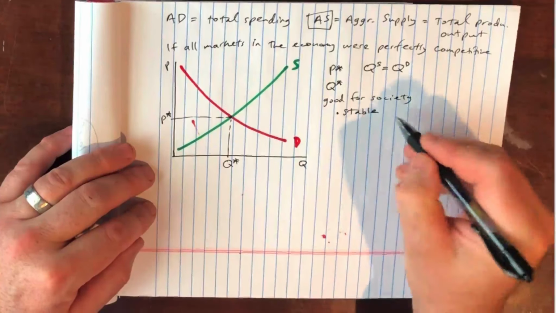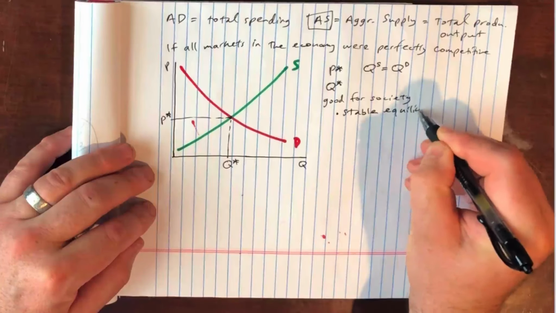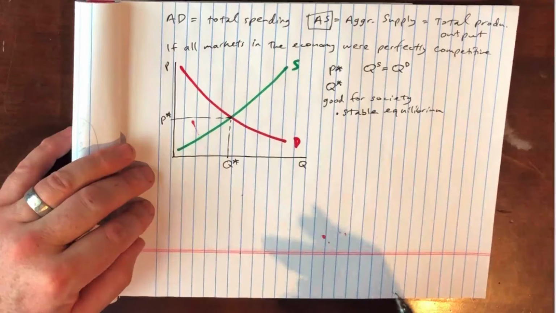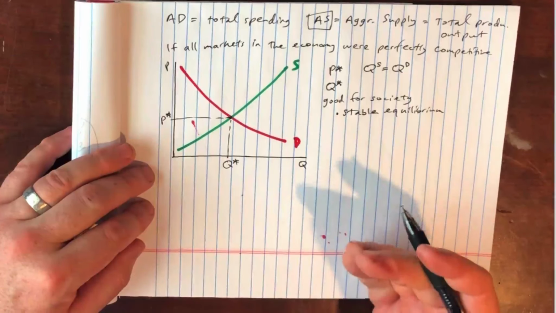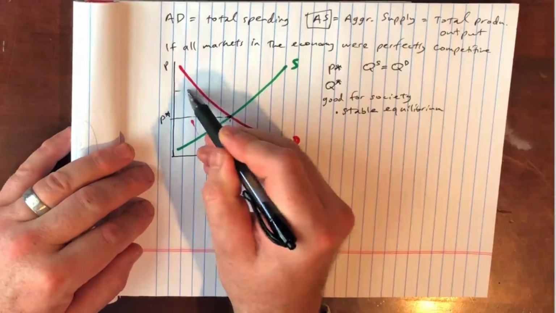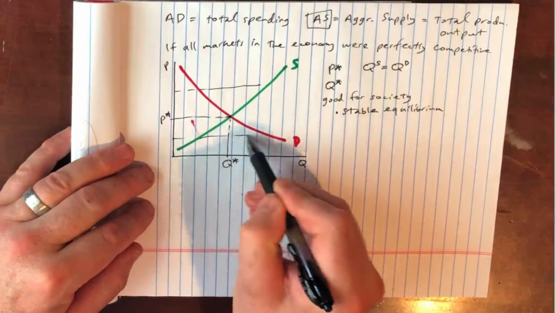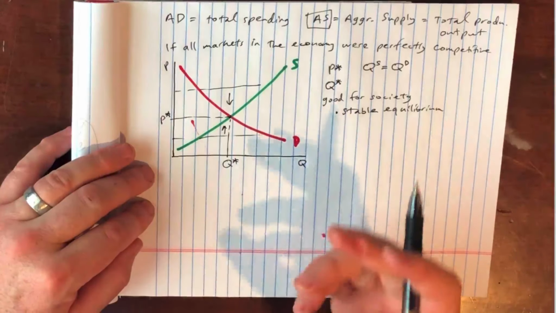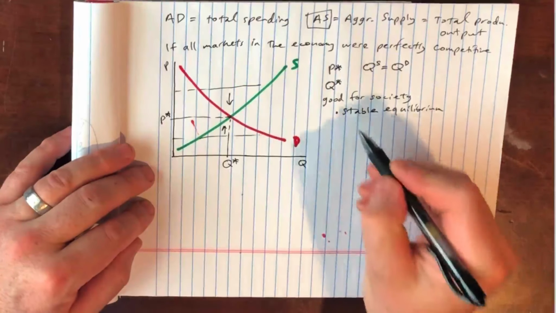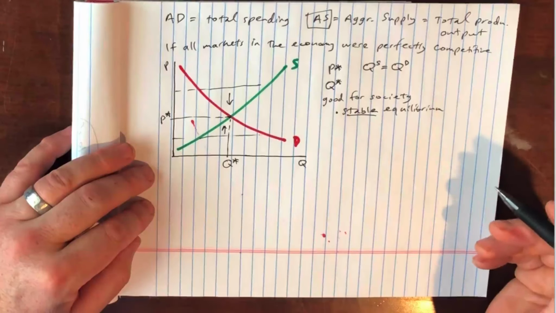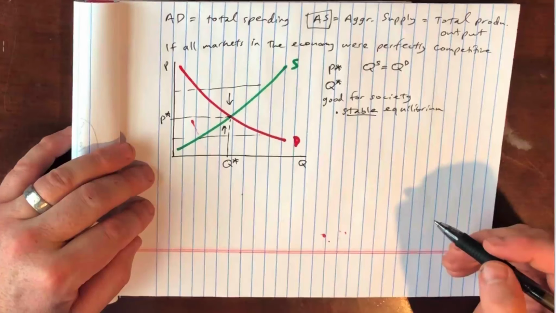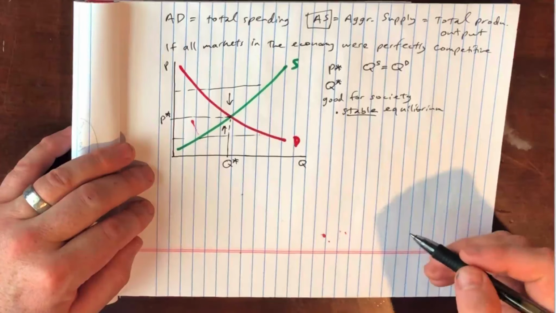That is, if there are changes in markets, markets adapt to that. If the price was, say, too high or too low, there would be an adjustment process which would bring the price back to P star. This is what we mean by stable. There is no tendency to change from that price.